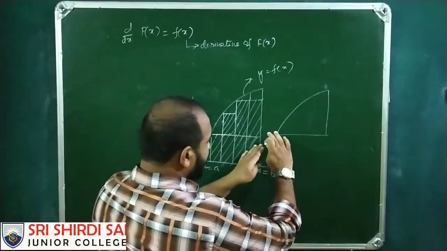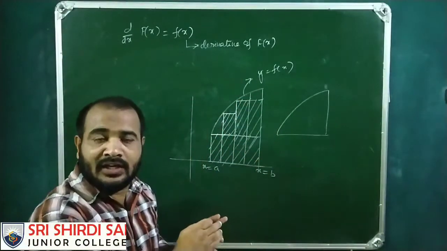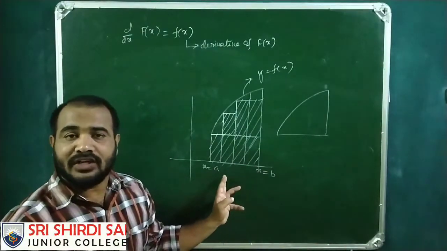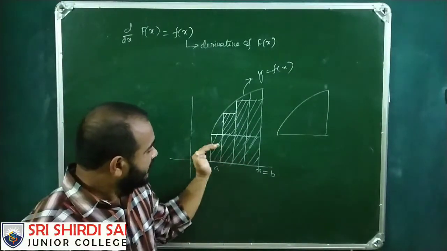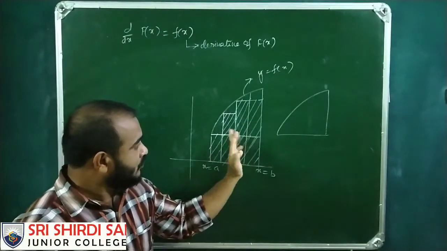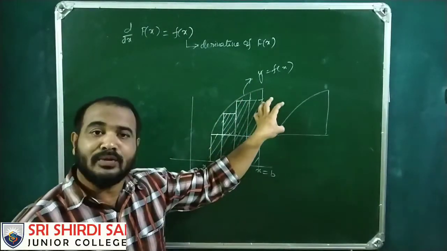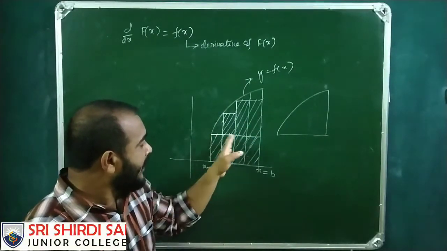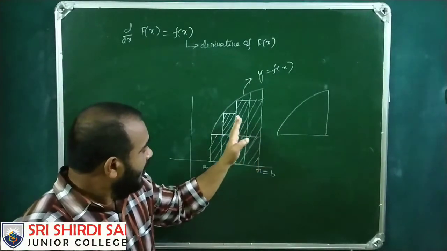That means as we keep on increasing the rectangles, first this one rectangle only I have taken, so actually this much huge area has been missed out. Secondly, I made it into two rectangles.